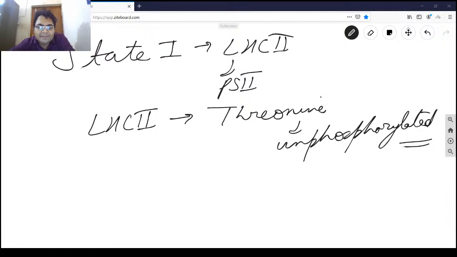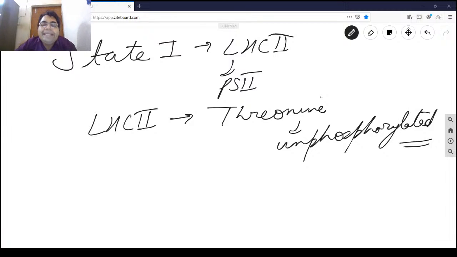Now what happens is, under conditions of intense or blue light, it will favor PS2 because you have a lot of energy. So now PS2 is activated and a lot of plastoquinone is being reduced since PS2 is active. So PQH2 is being formed.